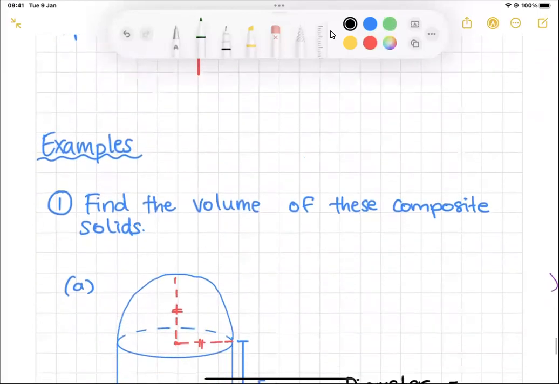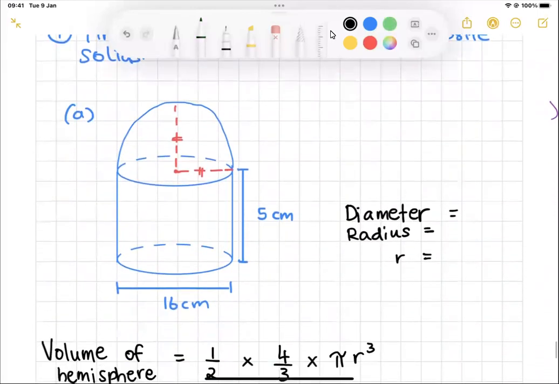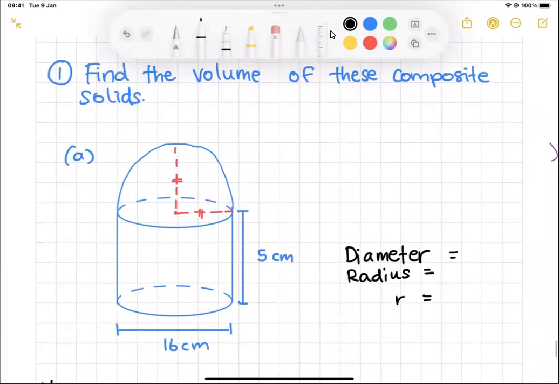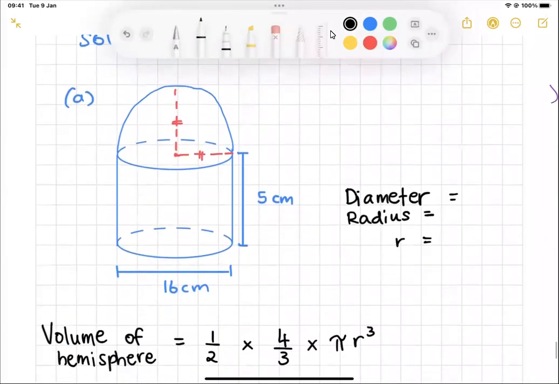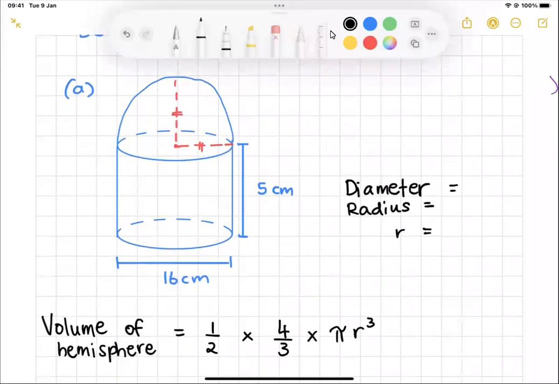All right, let's get started on our question. Find the volume of this particular composite solid. My first step, if we look back at year 8 and year 9, we used one strategy: let's identify what type of solids or shapes I can see. In this case, I can see a sphere-like solid, but it's cut in half.